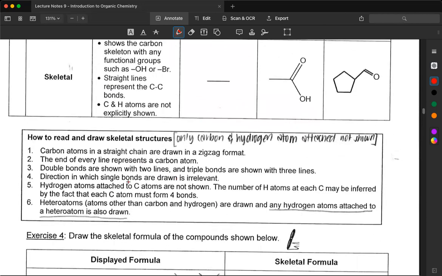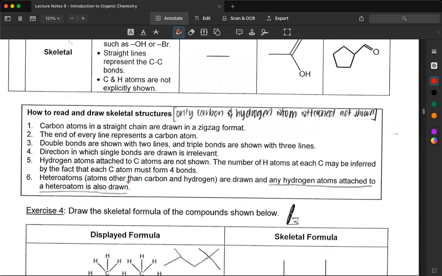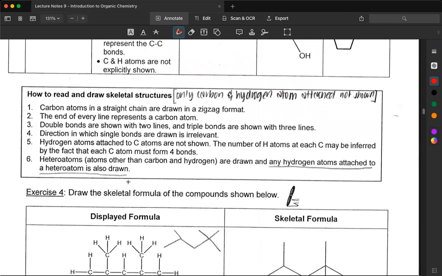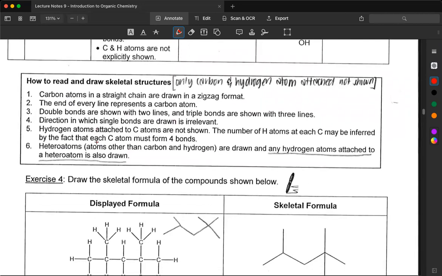How to draw skeletal structure? Now, carbon atoms in a straight chain are drawn in a zigzag manner. The end of each line represents a carbon atom. Double bonds are shown with 2 lines, triple bonds, 3 lines. The direction in which single bonds are drawn is irrelevant. Hydrogen atoms are not shown. The number of hydrogen atoms may be inferred by the fact that each carbon atom forms 4 bonds.